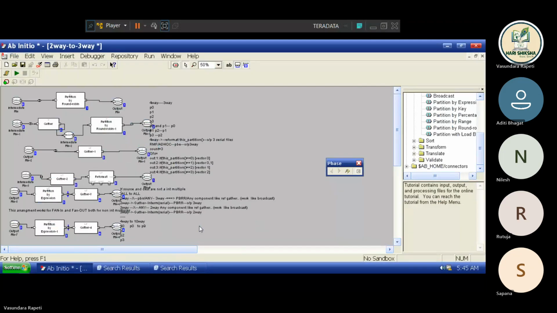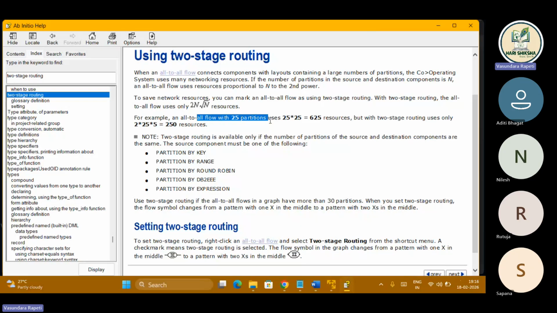Here, instead of gather, you have some reformat and some join components. For all those components, the input port is converted from some other way, 32 or 16 whatever, to 25 by this component. So here also 25 way and output also 25 way. It will work like 25 cross 25 components will be engaged. Reformat or join or those components will be engaged as resources.